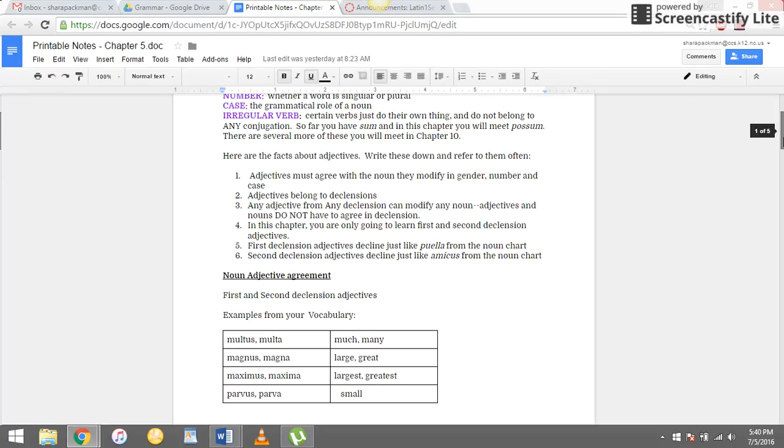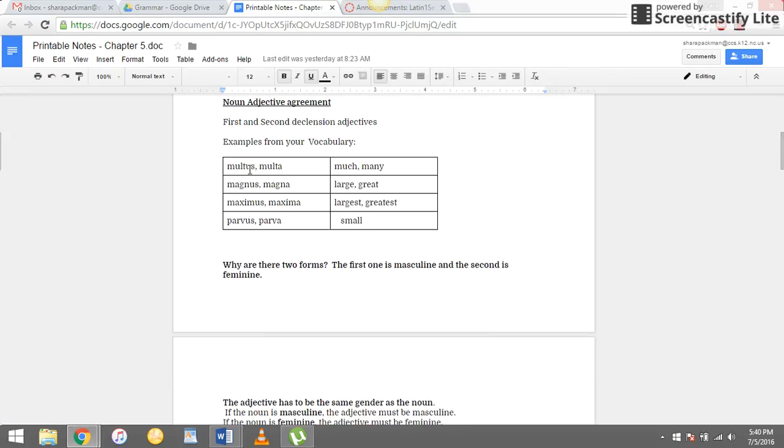When you get these in your vocab, you are going to see that you get 2 forms. Sometimes you get a third form, which is like this. Okay? So this first form is masculine, the second one is feminine, and the third one is neuter. An adjective is like a toolbox. It has to be able to fit with any noun, no matter what gender that noun is.